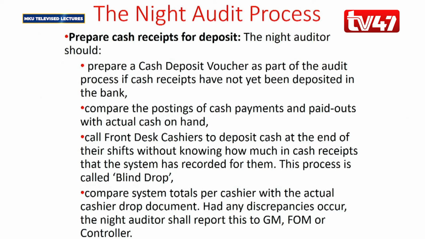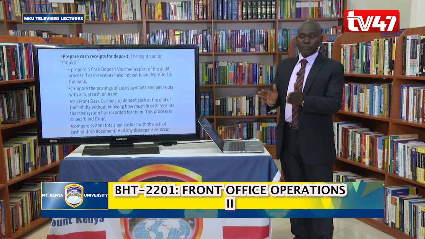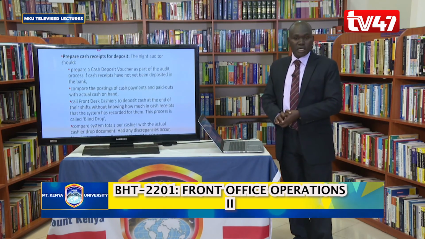They don't have a way of knowing how much in cash receipts the system has recorded. That's why we call this the blind drop. Just putting the money there, and we check the system later for what has been recorded.